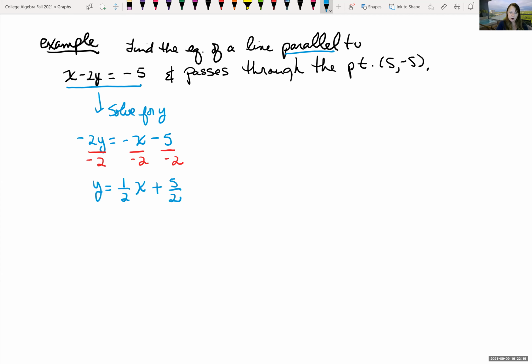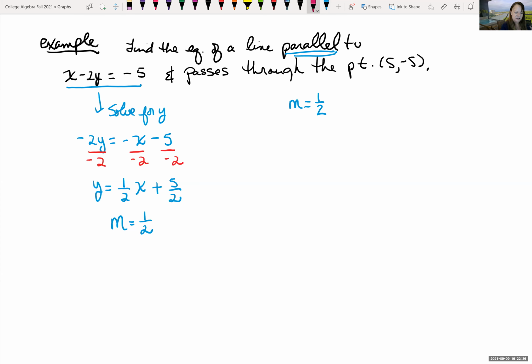So it's in the form that we should be able to tell what the slope is. Our slope here is 1/2. We know that it's a parallel line, so the slopes are the same. So we know our slope is 1/2.